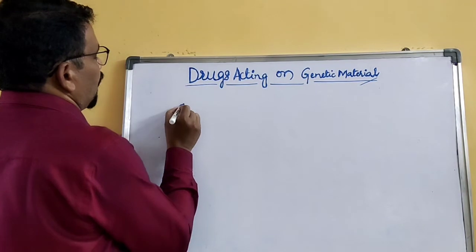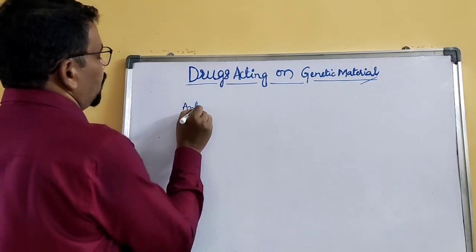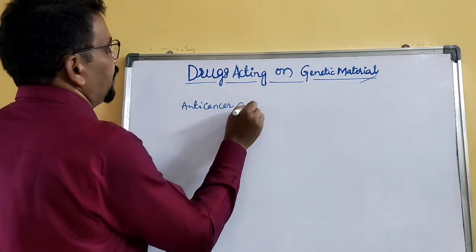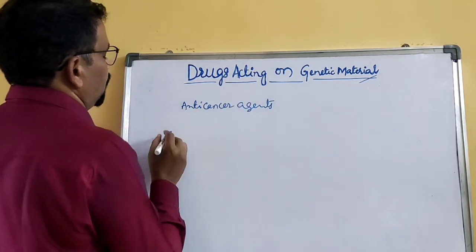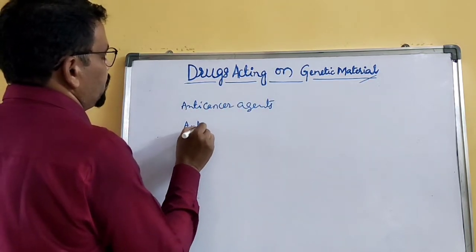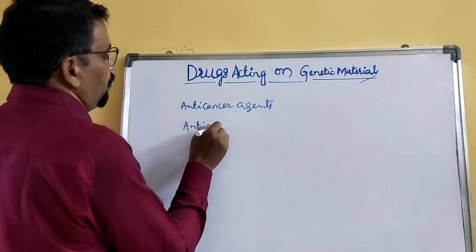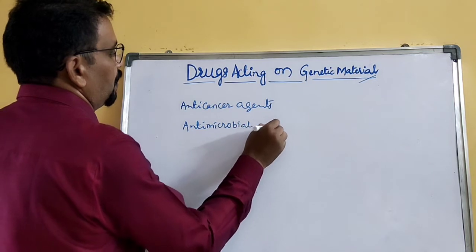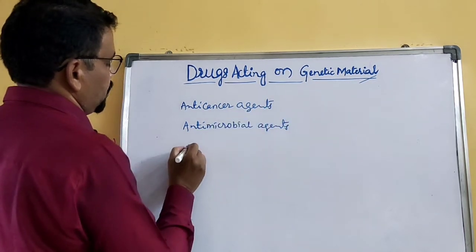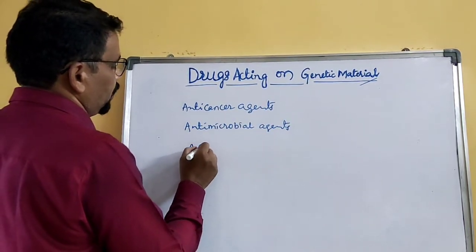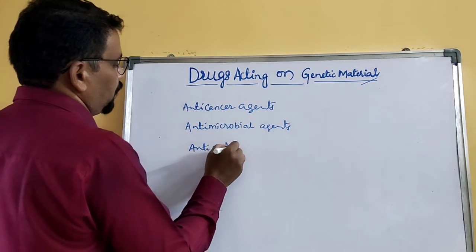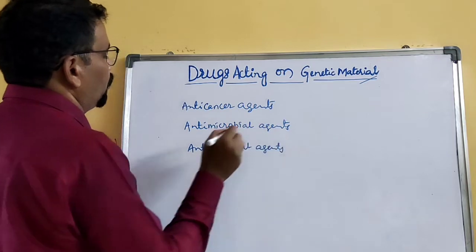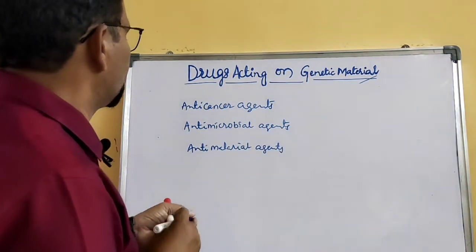Drugs acting on genetic material may be anti-cancer agents, antimicrobial agents, or anti-malarial agents.